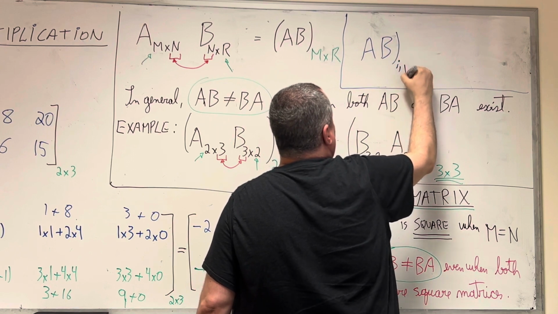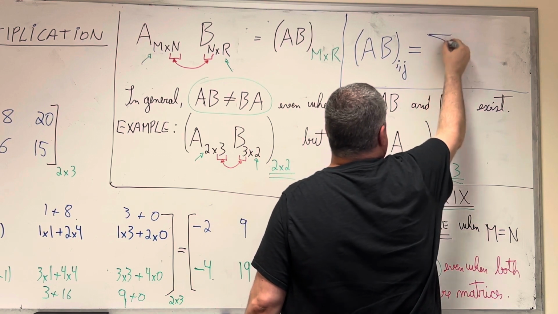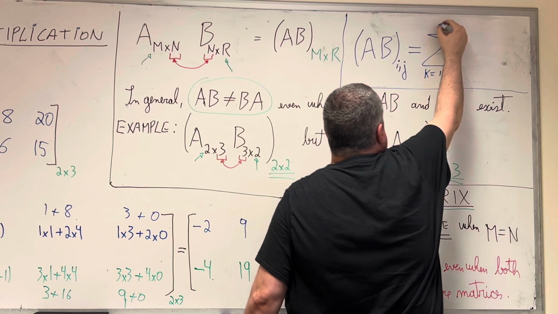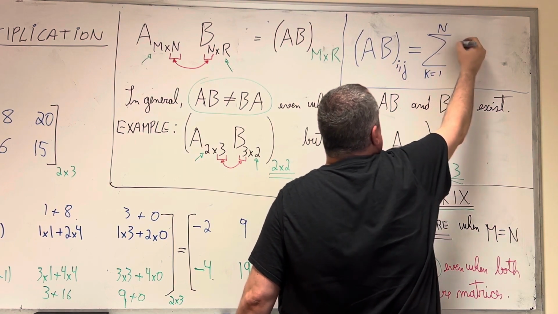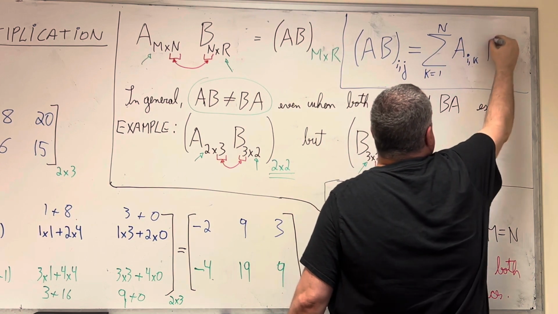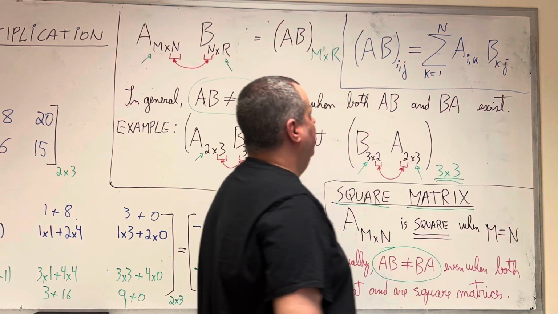So, in formal mathematical sense, when you have a matrix A by a matrix B, the ij coefficient of the matrix AB, if they are compatible, if you can multiply that, will be given by this formula.